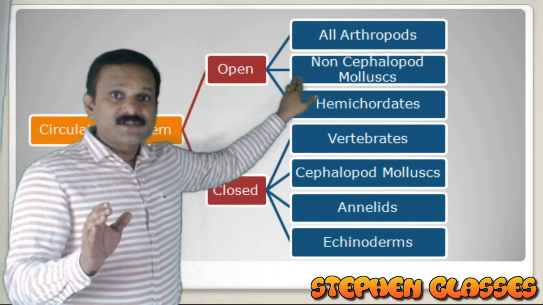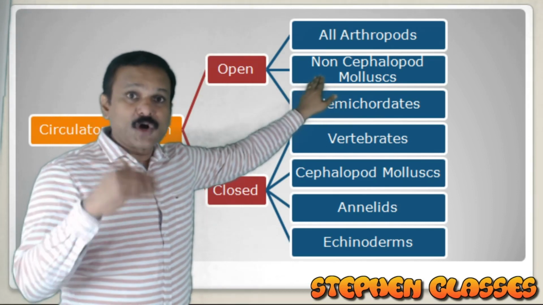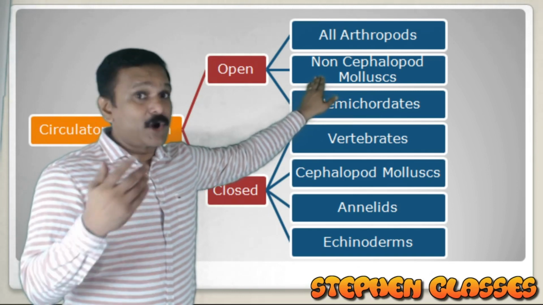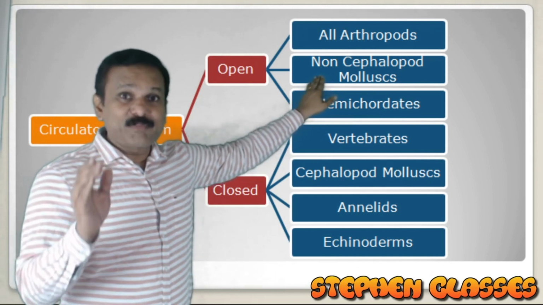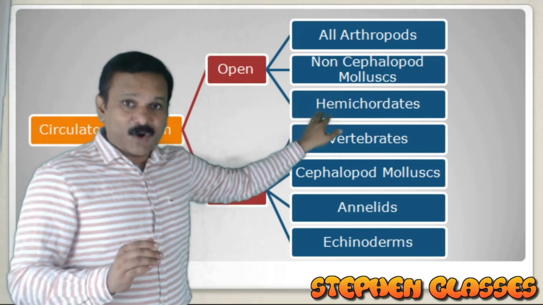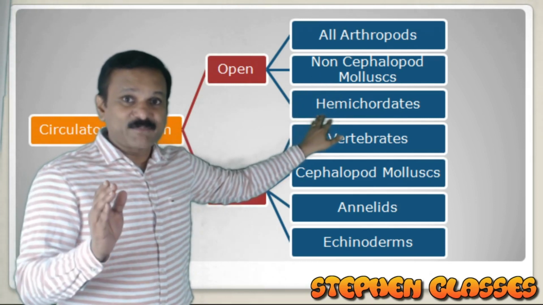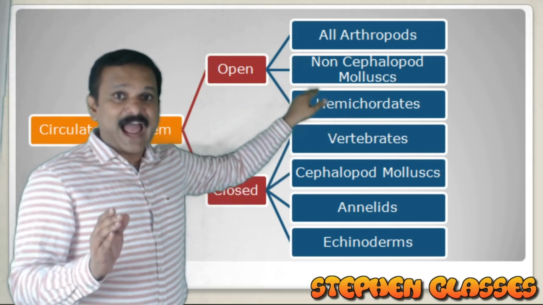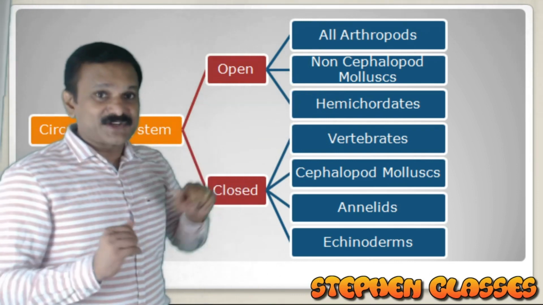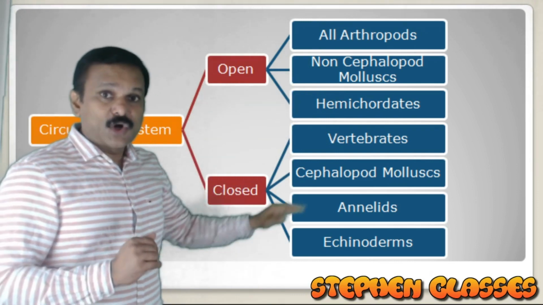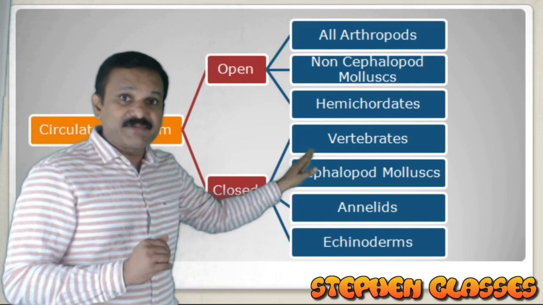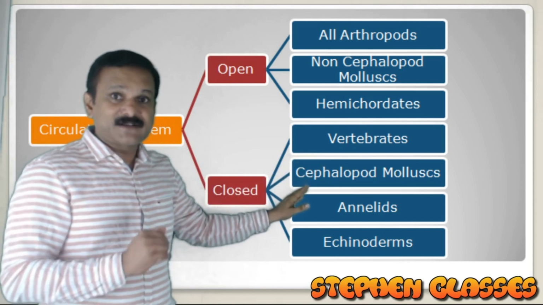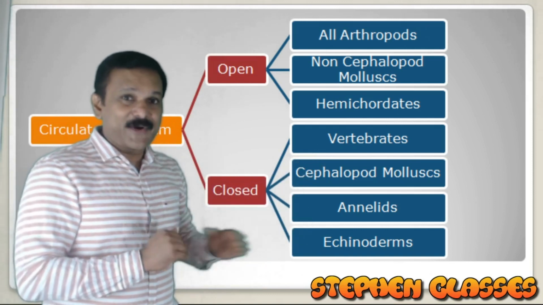Cephalopoda has closed circulatory system, but non-cephalopods have open circulatory system. Hemichordates have open circulatory system. So these are the animals in general having open circulatory system. What about closed? Closed circulation is applicable for vertebrates, cephalopod mollusks, annelids and echinoderms.